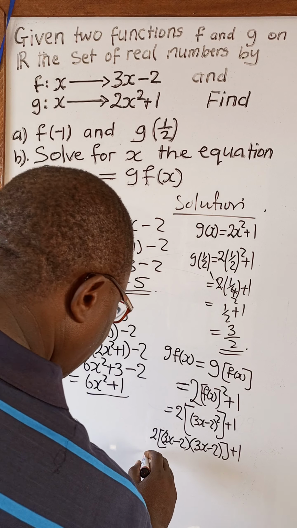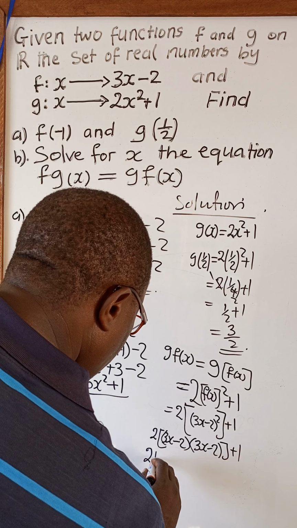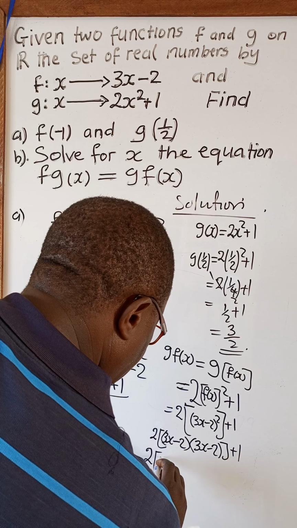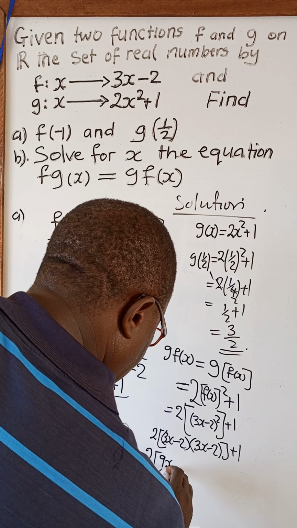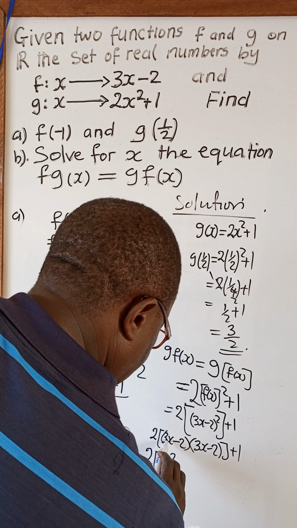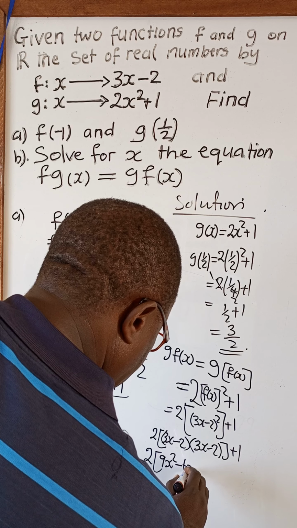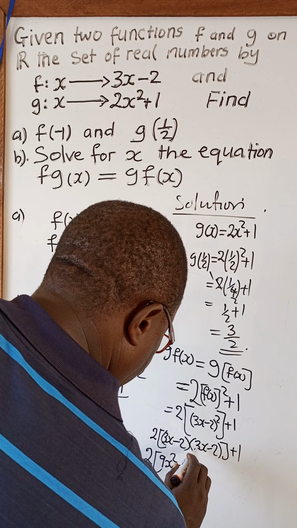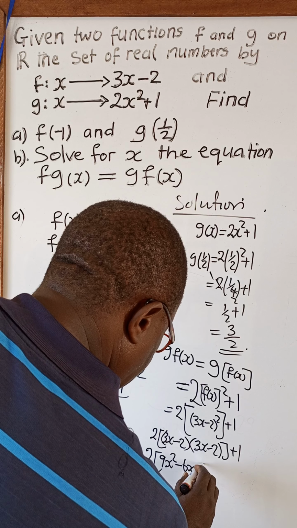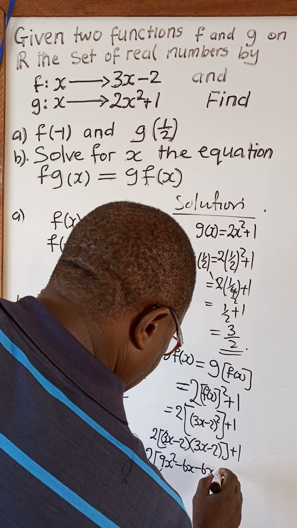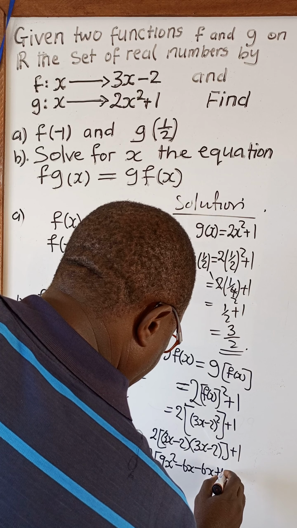And so we'll have 3x multiplied by 3x, that gives us 9x squared. 3x multiplied by negative 2 gives us negative 6x. Negative 2 multiplied by 3x is negative 6x. Negative 2 multiplied by negative 2 is positive 4, plus 1.